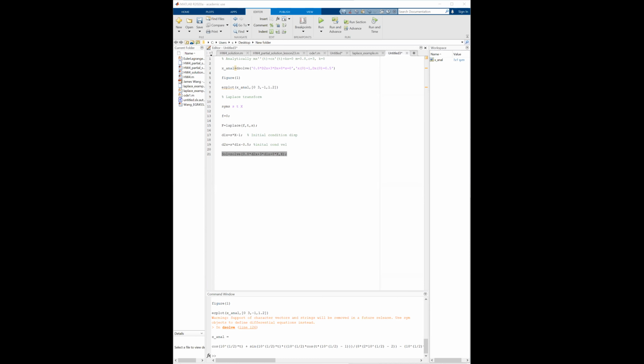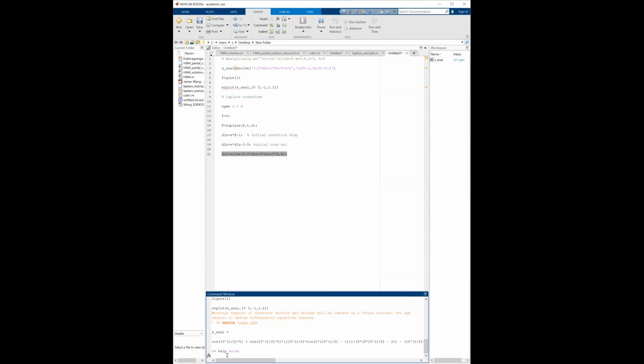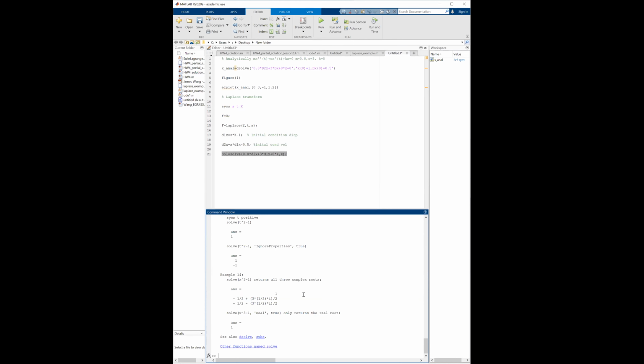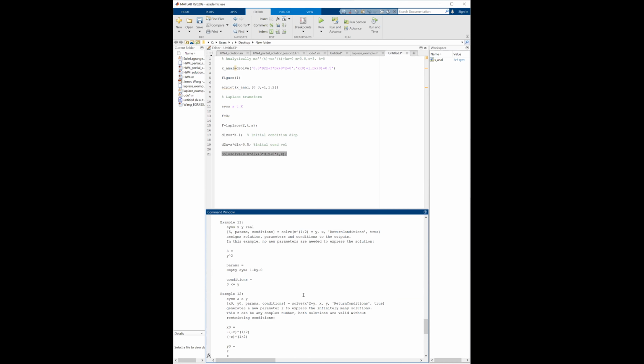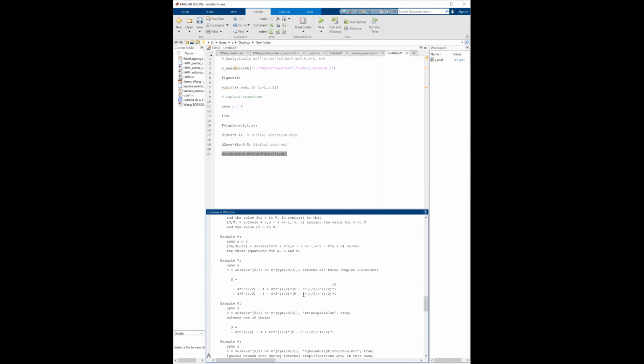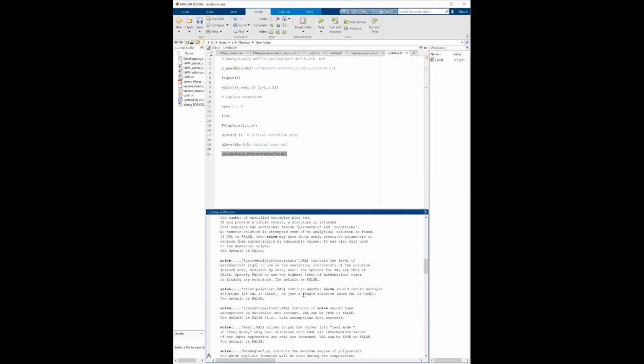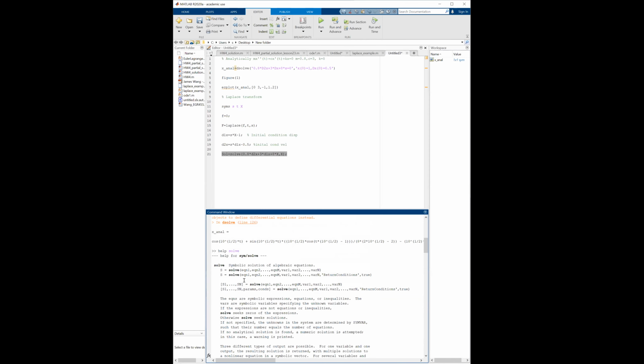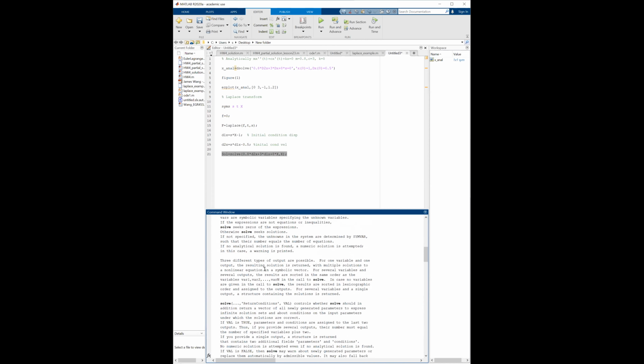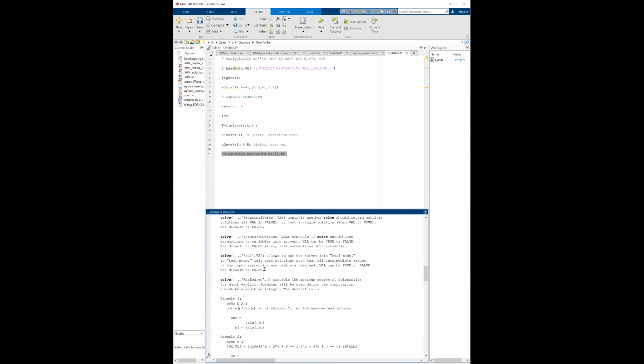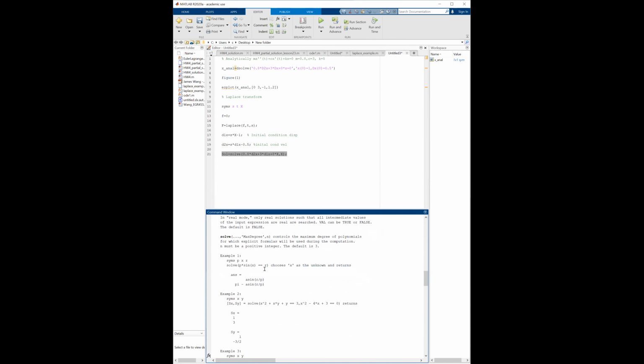And you are welcome to just say help solve, and help solve will tell you how this function is actually used to solve algebraic expressions. So whenever you have a solve, solve will give you a symbolic solution of the expression, and then that equation can be solved.